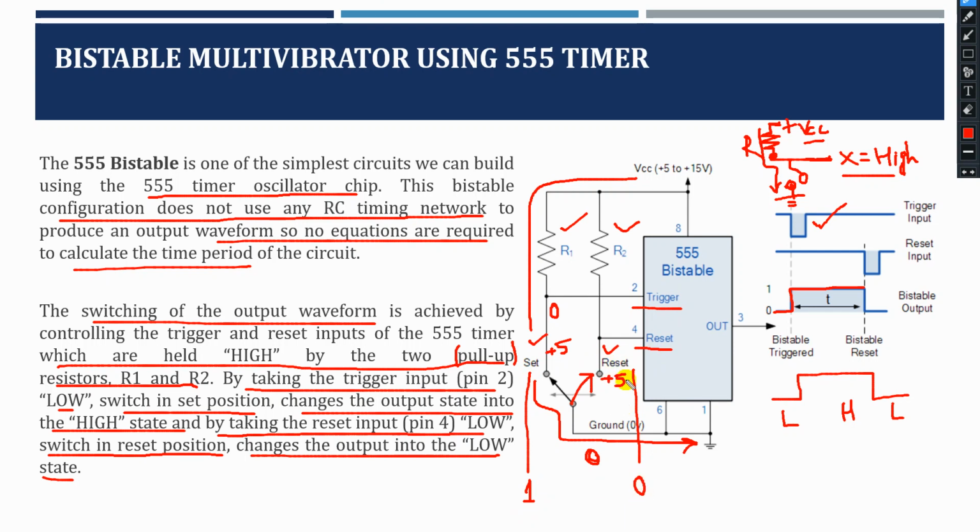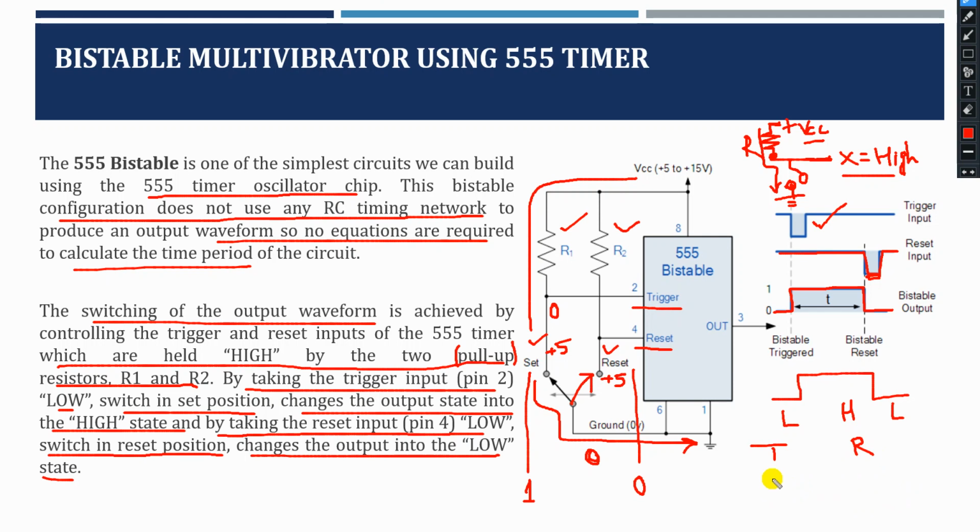When your reset becomes 0, then again you can see it becomes 0. Low triggered pulse. When it becomes 0, your output goes to 0. Hope you understood. By using trigger pulse and reset pulse, your output will change.